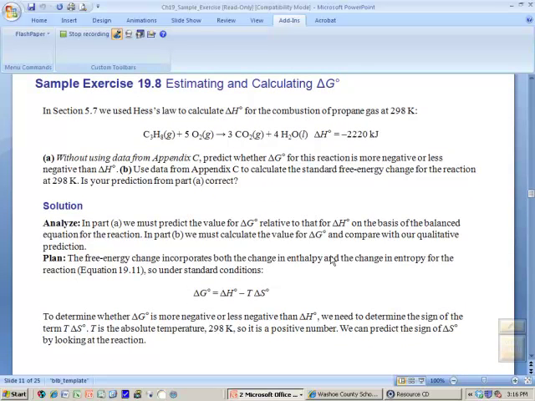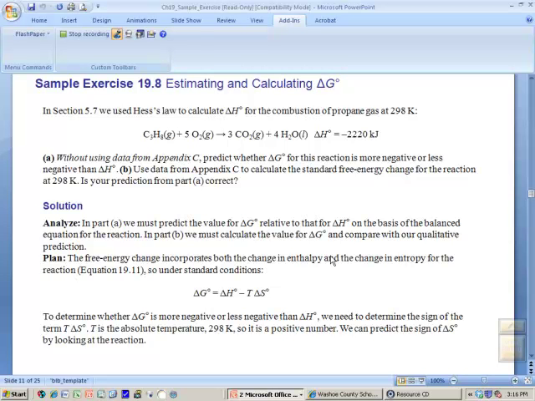Finally, let's do sample exercise 19.8. This guy starts on the bottom of page 823. It says estimating and calculating delta G. It says in section 5.7 we used Hess's law to calculate delta H for the combustion of propane gas at 298 K. So here's your example.